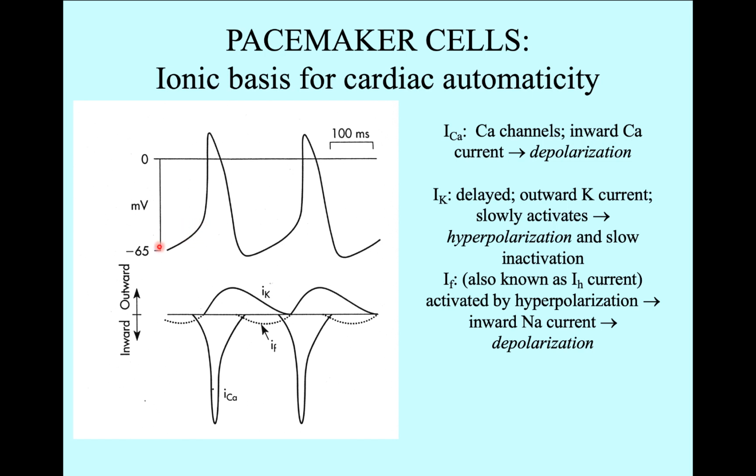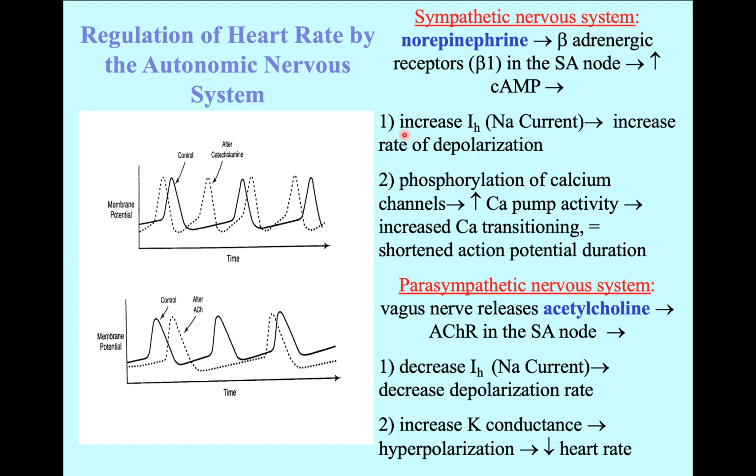If I let in a lot more sodium faster, am I going to reach threshold faster or slower? The answer is faster. The more sodium that gets in, the faster I'm going to reach my threshold because my voltage is going to go up. So, cAMP increases the sodium influx current, which means we're going to reach threshold faster, which means we're going to depolarize at a faster rate.